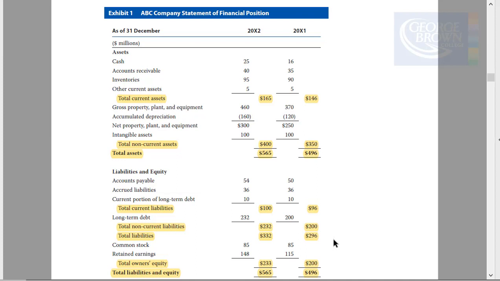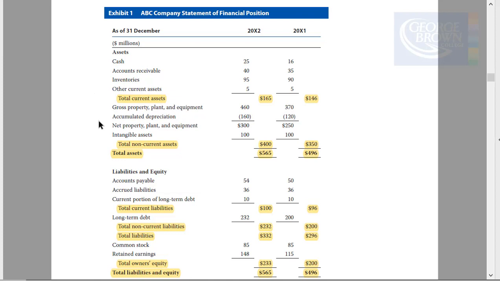So 200 plus 296, liabilities plus owner's equity equals 496. Total assets equals liabilities plus equity. So for 20X1, we can see total assets 496, total liabilities 296, owner's equity 200. As we move to 20X2, a couple of other things to point out on the balance sheet.